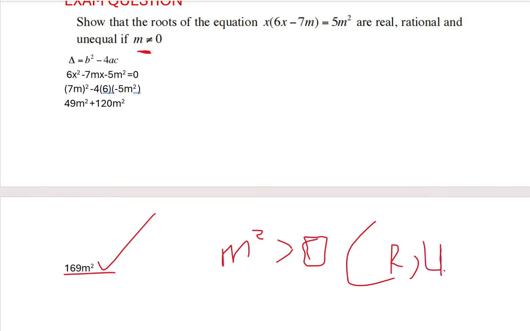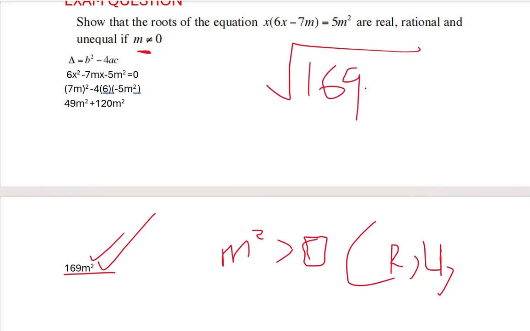Then let's check for perfect square. So notice that this is a perfect square. Why do I say it's a perfect square? Because you see it's a square here, so even if you take the square root of that, you'll always get a whole number.